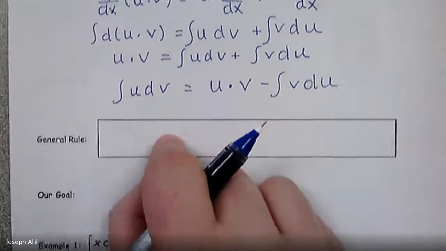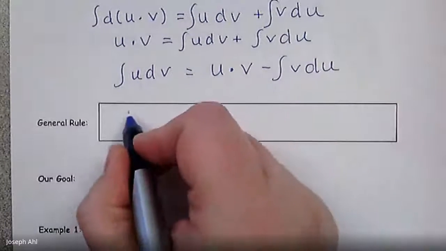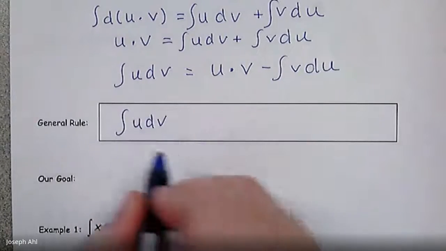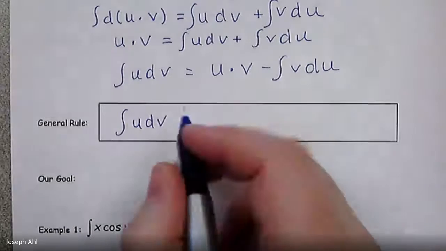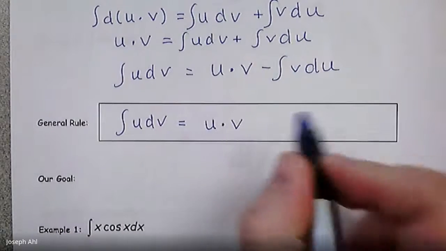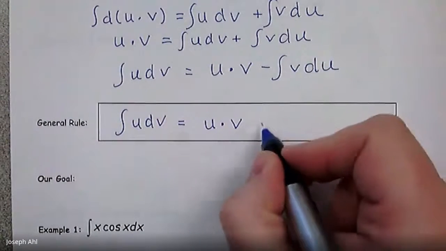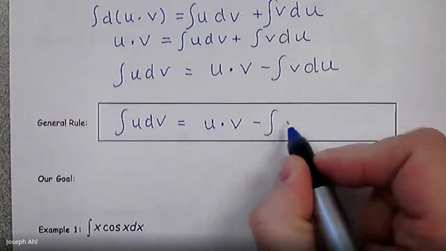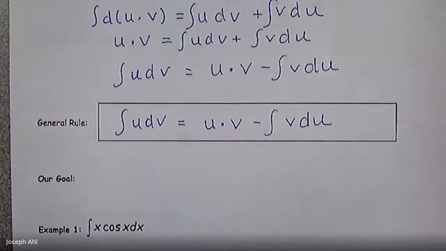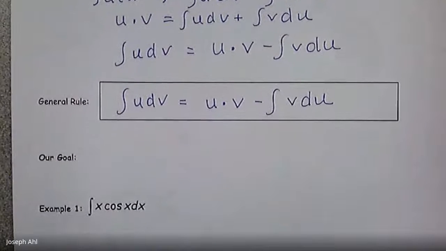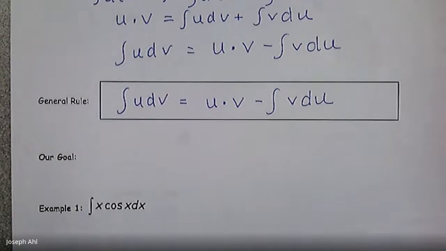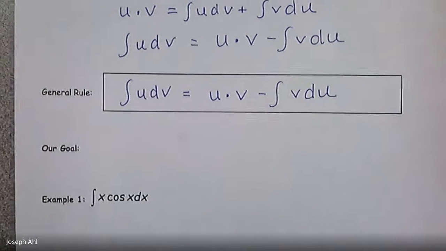So this is the general rule that we are trying to build towards: the integral of u dv, the product of two things where u-sub is not available, is equivalent, according to our derivation there, to the product of u and v minus the integral of v du. And this will start to make more sense when we put it to practice, but I'll tell you what our goal should be.